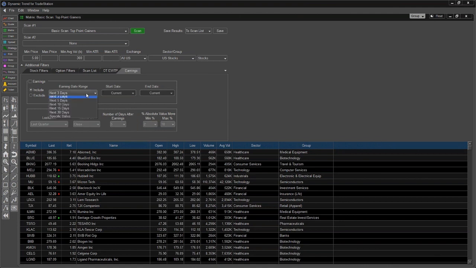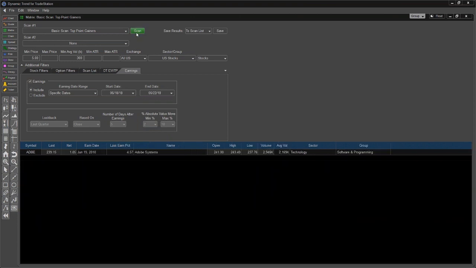But we now give you the ability to choose specific dates. So show me earnings that are happening between a start date and an end date. So if you want to say, I only want to see all the earnings that are happening on June 18th through June 22nd, it will show you all the stock symbols that are having earnings in that particular week.